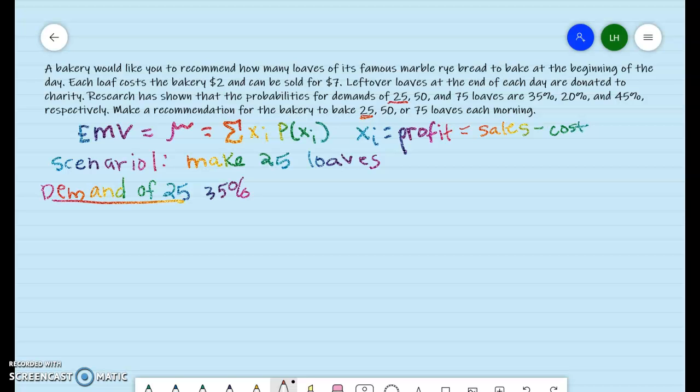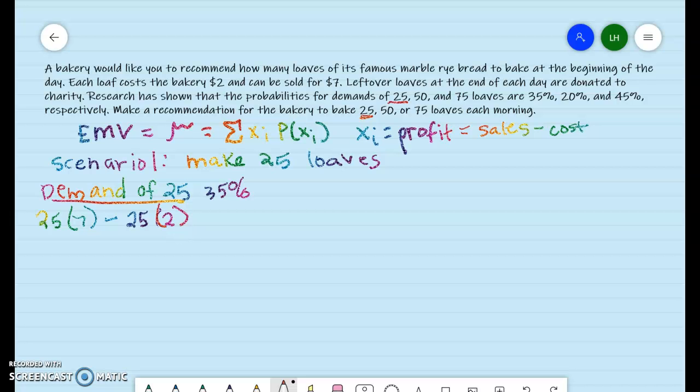So the demand of 25, all right, so we have 25 customers coming in. So the sales would be 25 times 7, minus, well, we made 25 loaves, and those 25 loaves cost $2 to make.